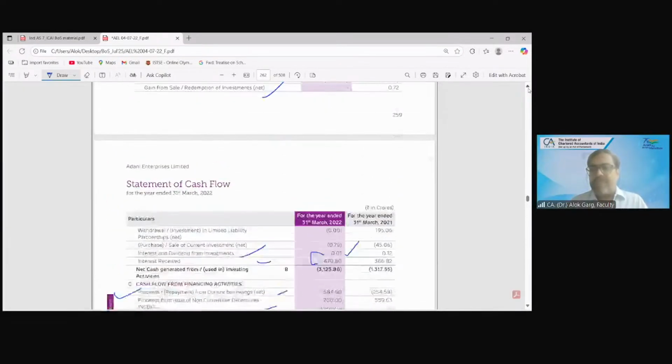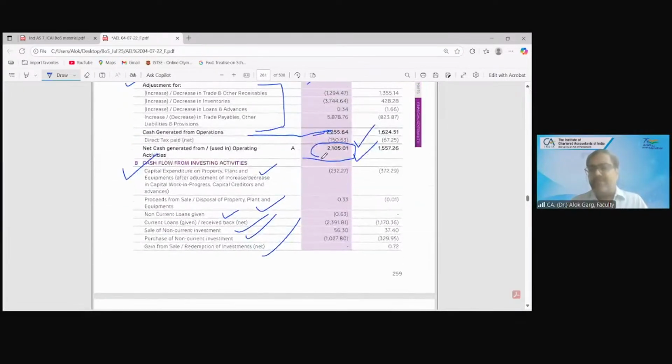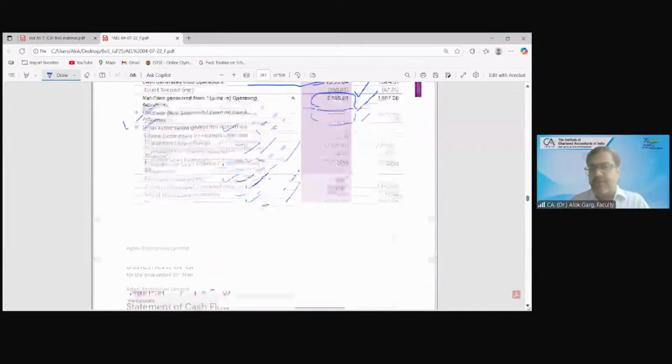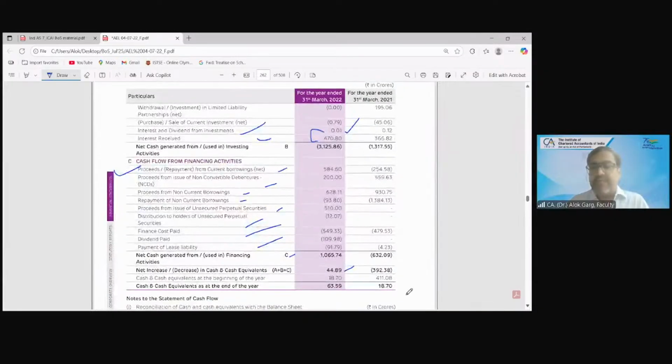So friends, this entity has generated a cash of 2100 crores from the operations, right? And this entity has also generated 1000 crore of cash from the financing activity, because this entity has taken a loan, proceeds from borrowings, proceeds from debenture, proceeds from current borrowing.